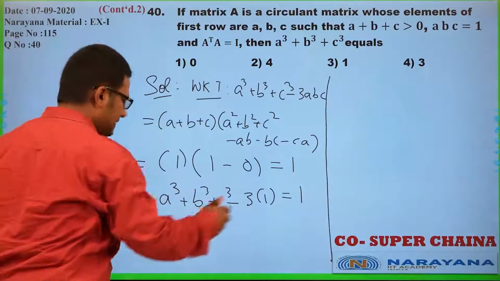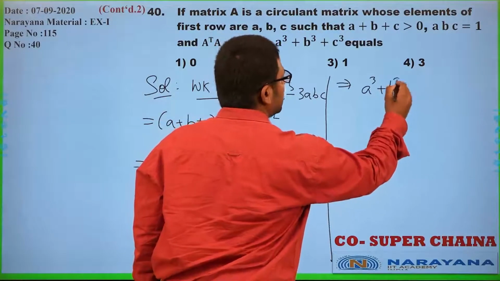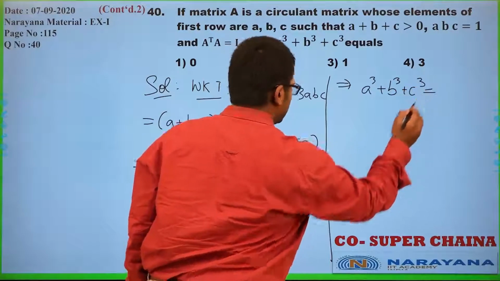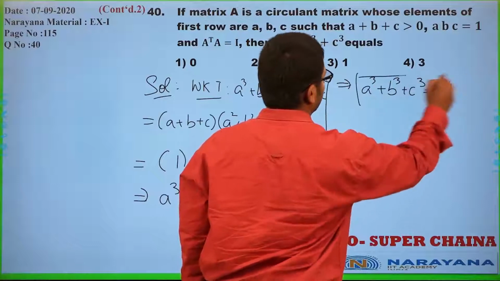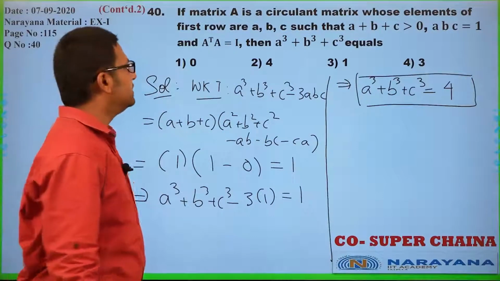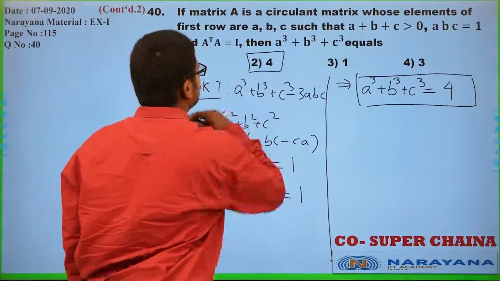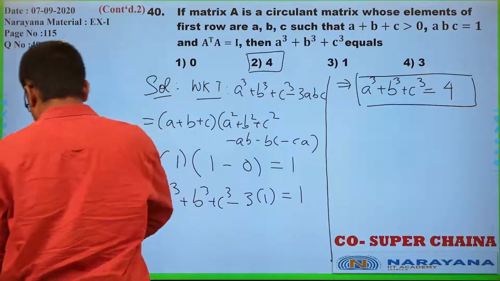You take the minus 3 there, what you are left with is a cube plus b cube plus c cube equal to 4. Okay, that is your answer. Got it? Okay, let us proceed then.